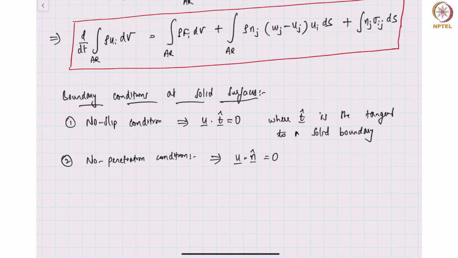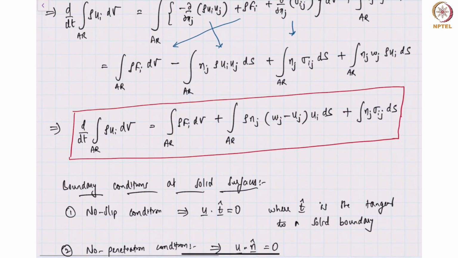Now, to even apply these boundary conditions, you need to know where the boundary is, right? The next step would be to determine the boundary conditions at an interface which is evolving in time. That's something that we will be looking at in the next lecture.